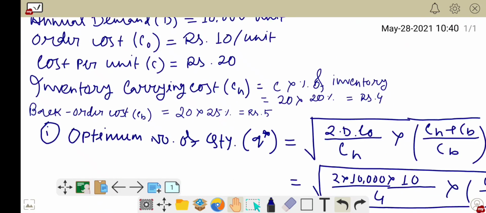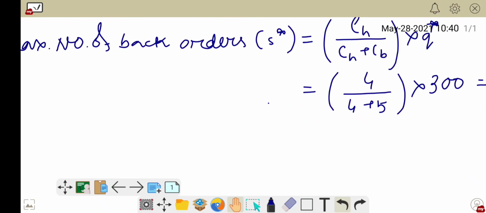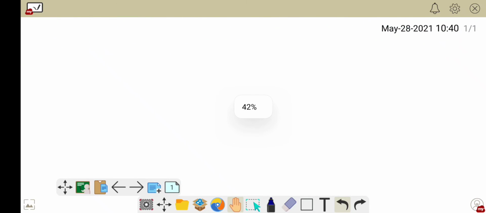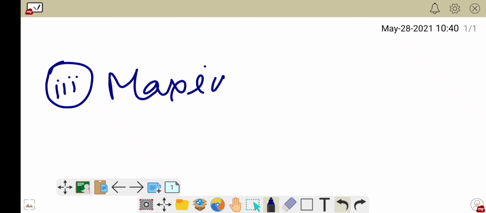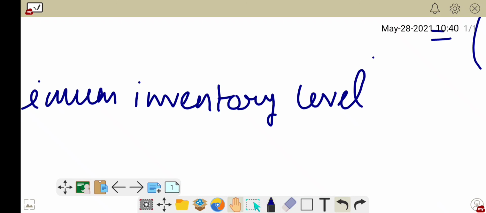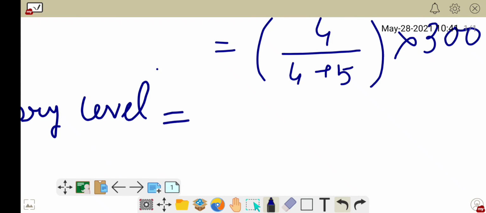And the third one we have to calculate, that is said in our question, that is the maximum inventory level. So this explanation is very easy, the easiest solution of this problem. That is Roman 3, maximum inventory level, which equals Q star minus S star.